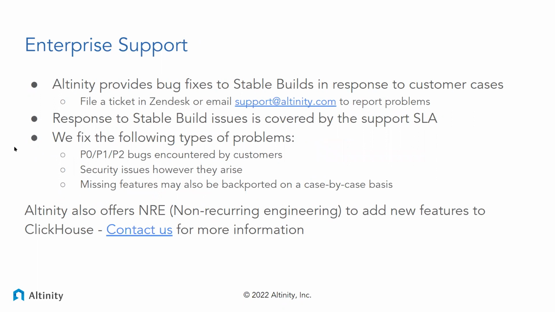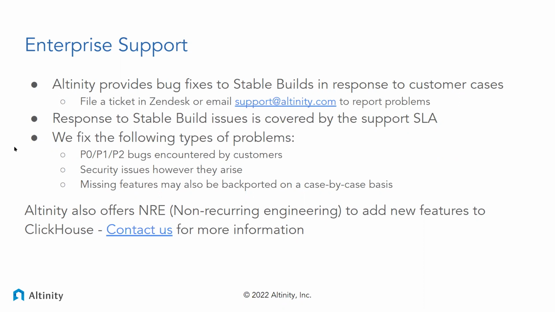Enterprise support. So if you're on Altinity support, including running Altinity.cloud, we're going to basically jump on problems that require bug fixes for you. We've done a number of those over the years. And the response to issues with stable builds is under SLA.